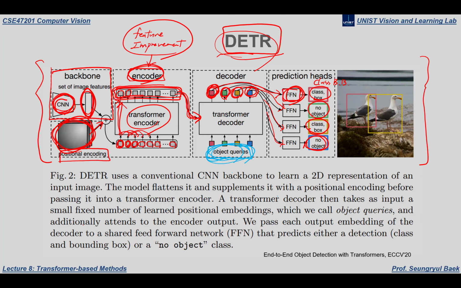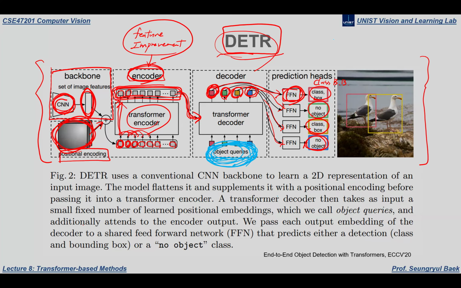They point out that these object queries do not have any semantic meaning, and that is the reason why it takes a lot of time to map these object queries to the bounding box and class information. So some try to improve these object queries by giving some spatial information, and indeed, it can accelerate the training of the DETR.